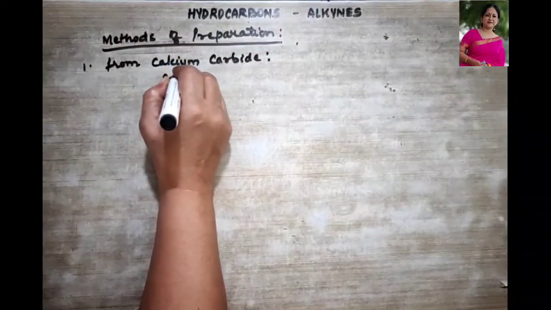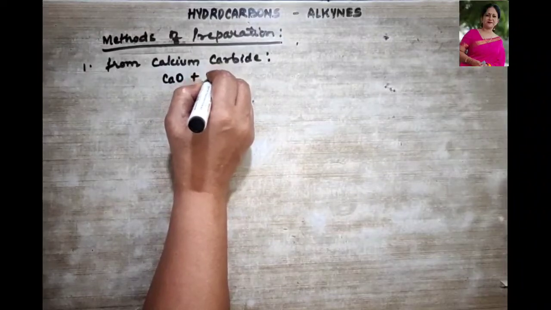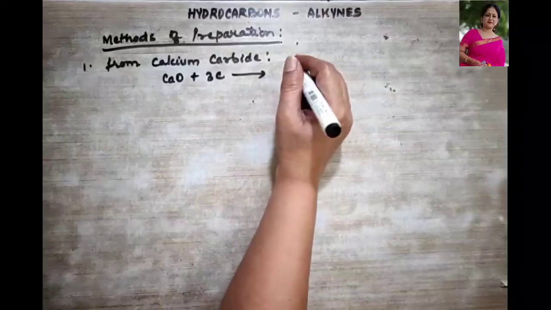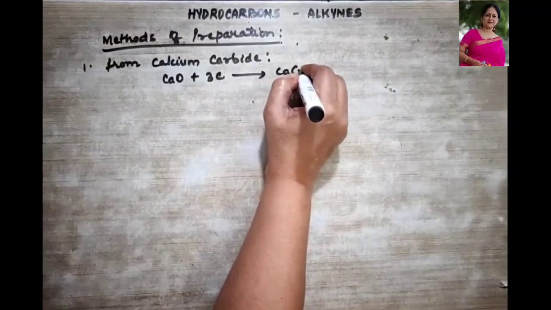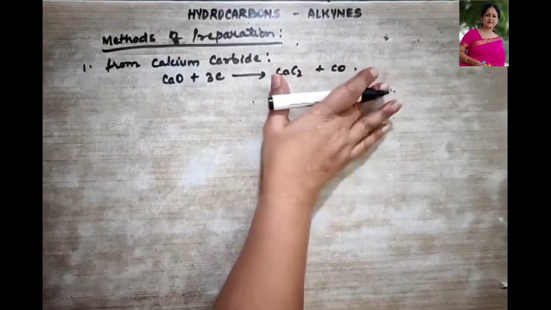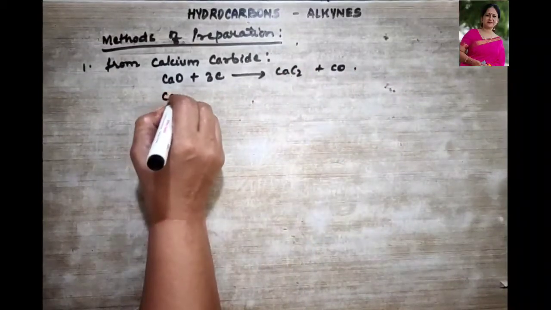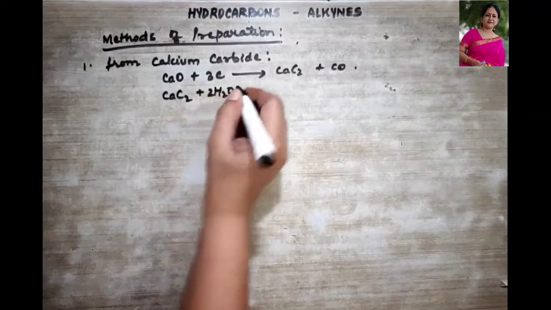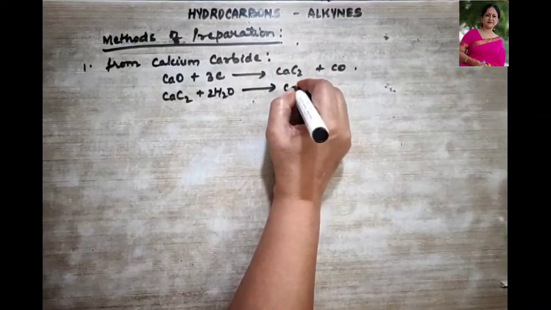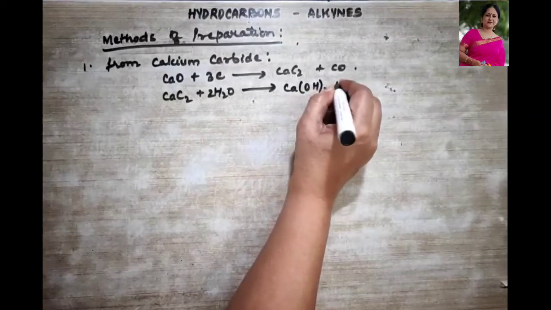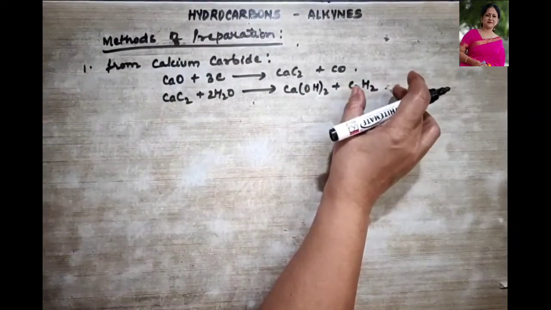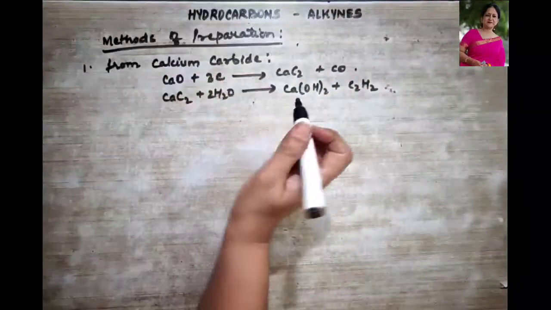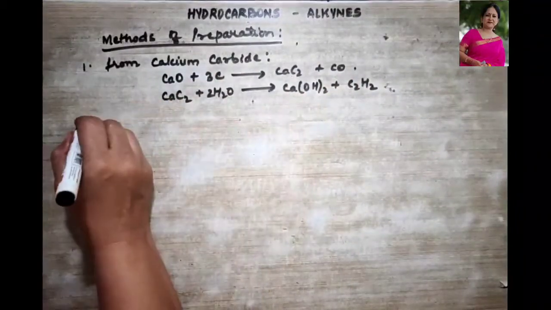So here we take CaO with 3 molecules of carbon and we first prepare calcium carbide, that is CaC2, plus carbon monoxide is formed. Now this calcium carbide is treated with 2 molecules of water and we obtain calcium hydroxide plus ethyne, that is C2H2. Clear? So this is one method of preparing alkynes.